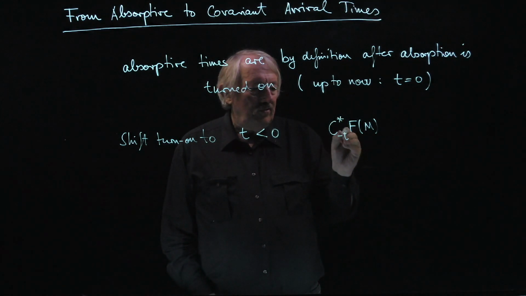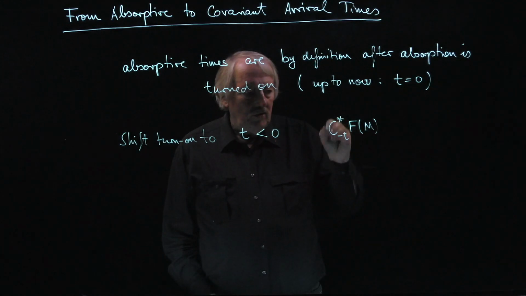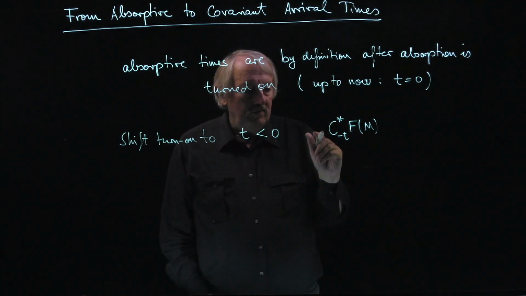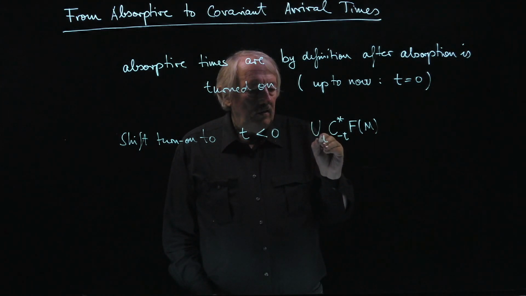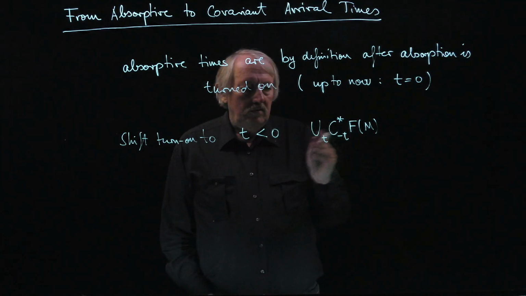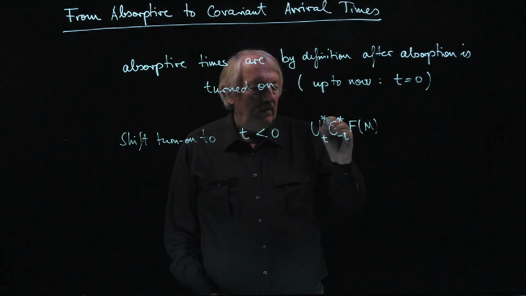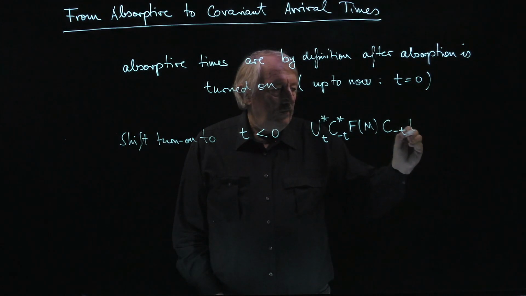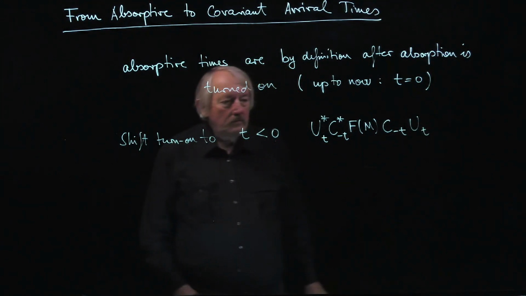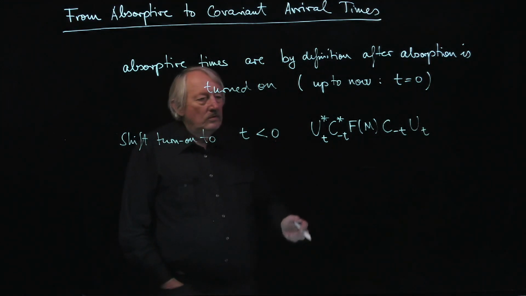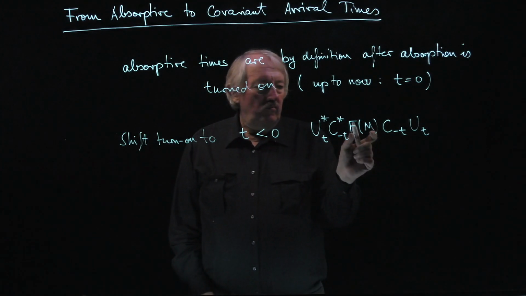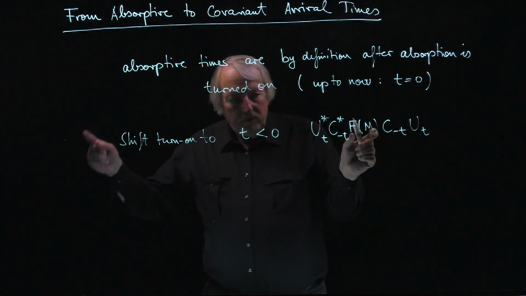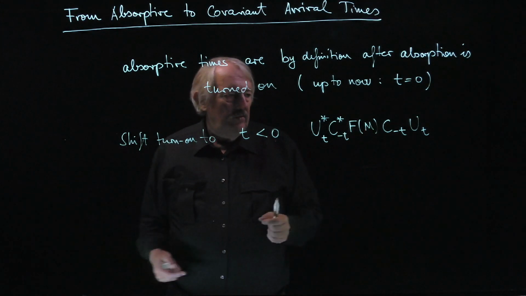Remember, t is negative, so this contraction semigroup is now used for a positive time, right? This is running for a positive time, and we take a U t here for the standard Heisenberg evolution, and so of course the stuff on the other side, right? So this is the same detection mechanism, but we apply it already at earlier times.